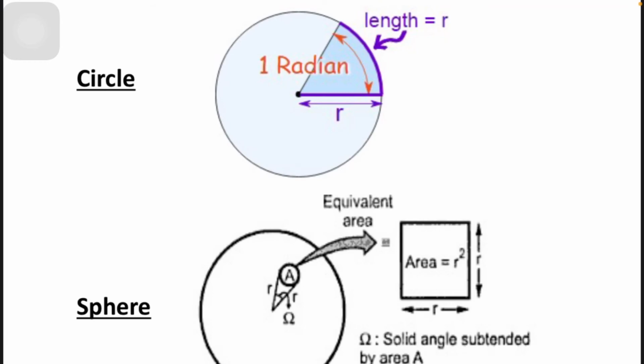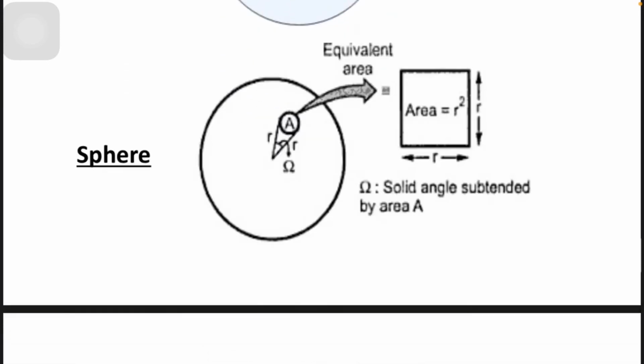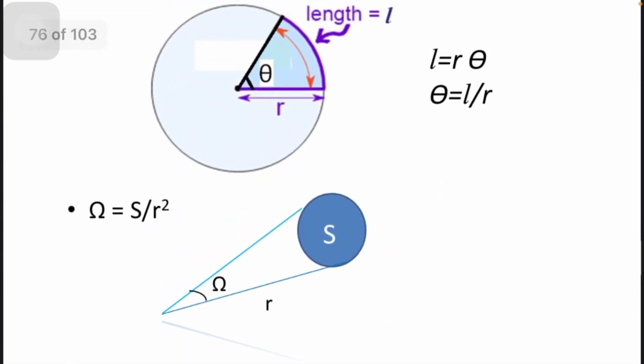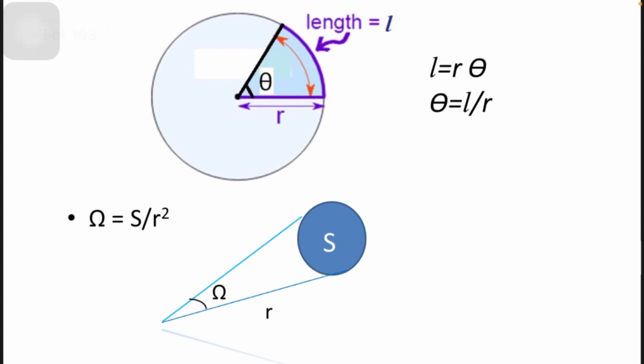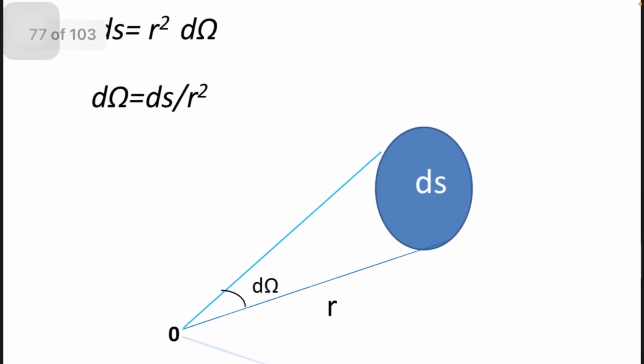Radian and steradian of circle and sphere. Here ds equals r squared d omega, and d omega equals ds by r squared.